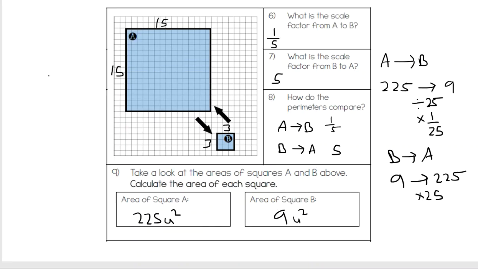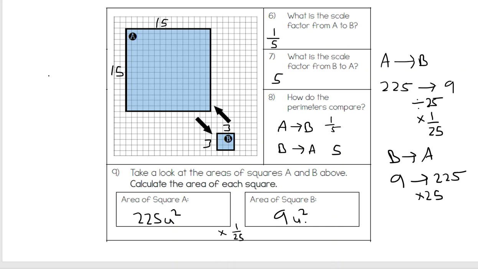So let's go ahead and look at this one. The scale factor from A to B was 1/5. And we know that when we went from A to B as far as the areas go, we had to multiply by 1/25.